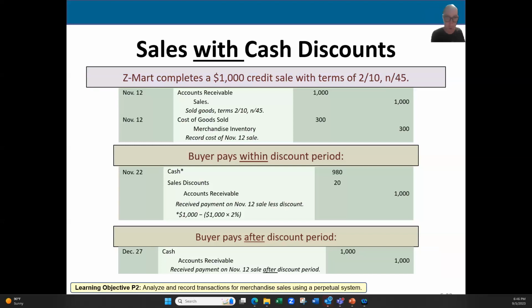So we debit a new account called sales discounts, $20. And then we credit accounts receivable, $1,000. Let's say they don't pay us within the first 10 days. Well, that's simple. They'll pay us later. So when they pay us, we just simply debit cash $1,000, credit accounts receivable $1,000. Straightforward.